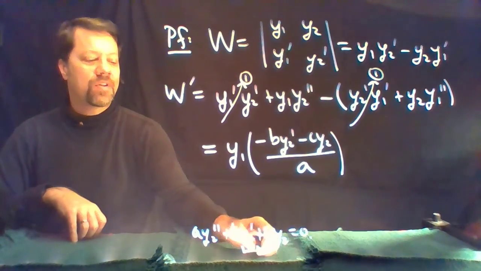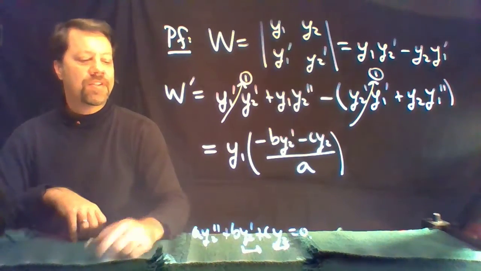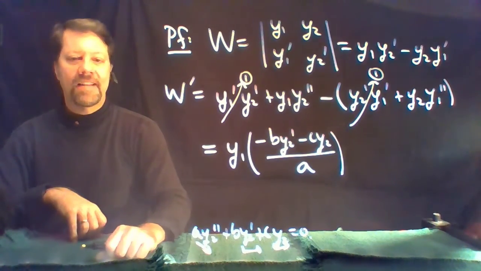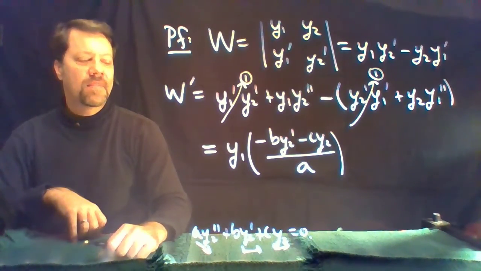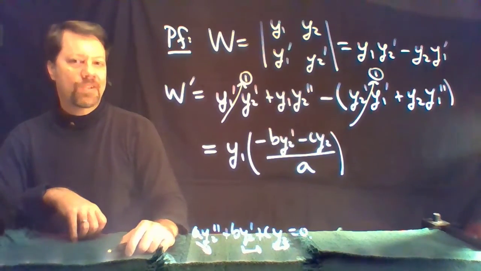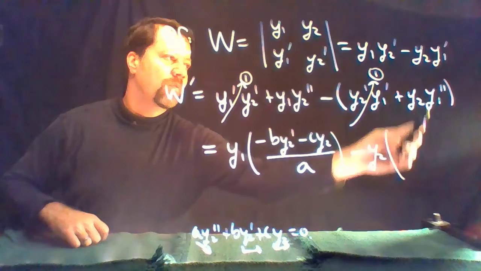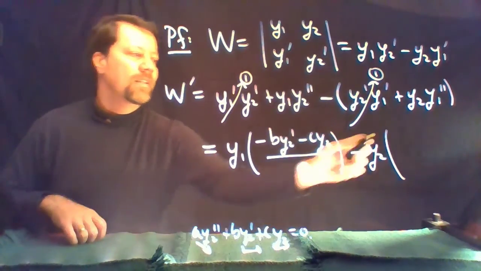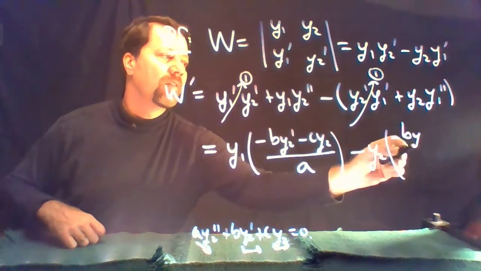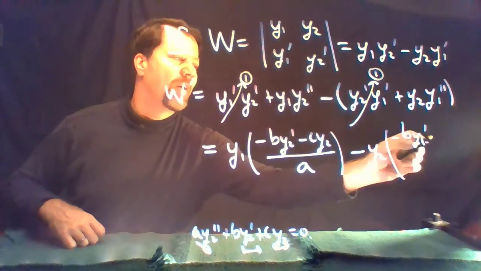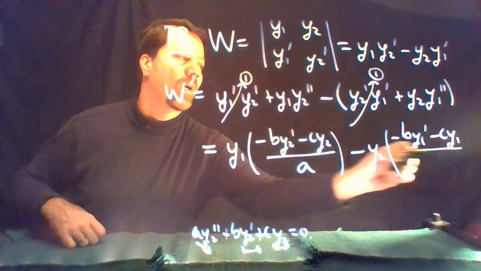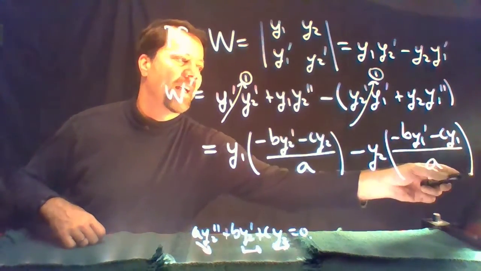We can move these terms to the other side, making their coefficients negative, and then divide the a off. We get a similar expression over here, which we apply to y1. It's going to be minus b y1 prime minus c y1 divided by a.